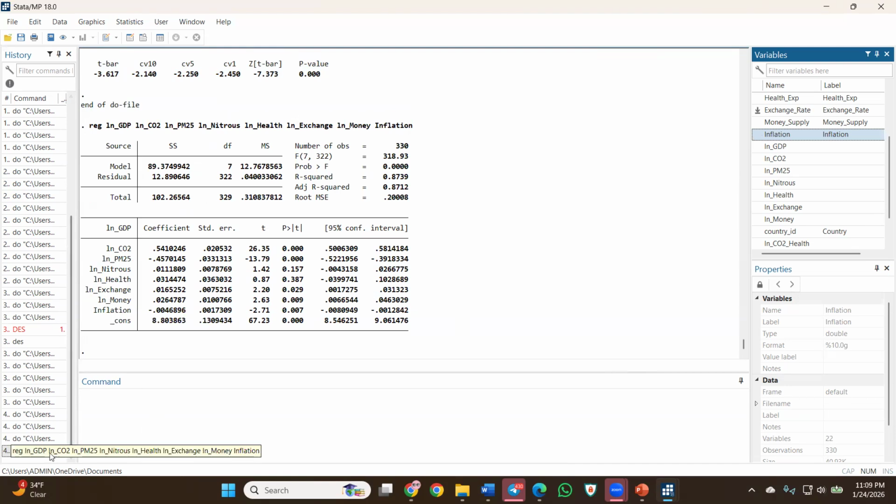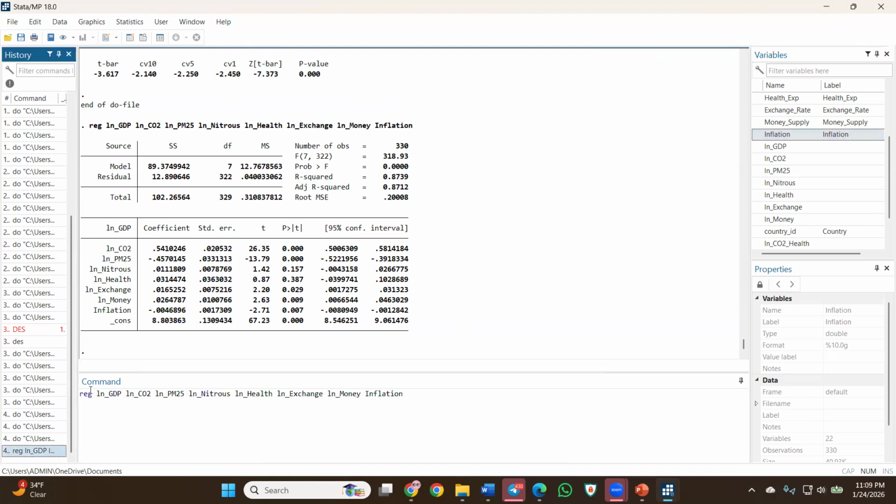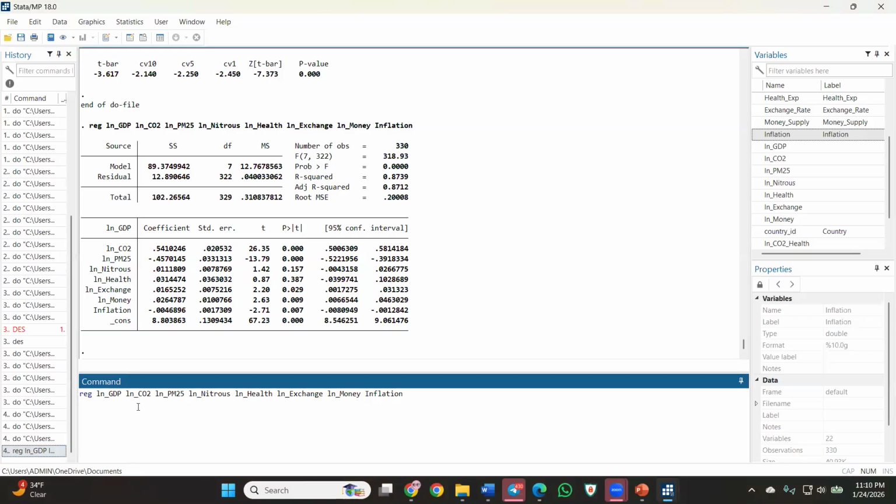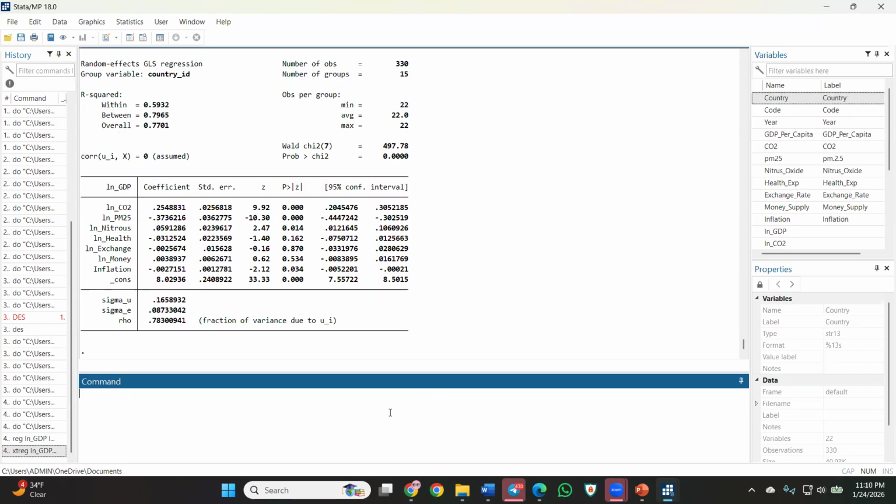It's not suitable for publication. But when you are running a panel regression, then you put the XT in front of it. So XT reg, then you run it.